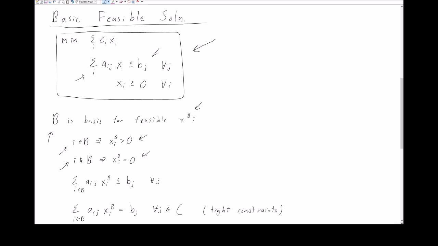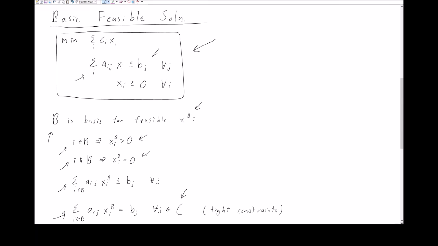Since we're assuming our basic solution is feasible, the constraints are satisfied for our solution XB. And also, every basis corresponds to a set of tight constraints. We're going to call these tight constraints C, that is, C indexes all the constraints that are going to be tight for this particular basis. There's a one-to-one mapping between bases and tight constraints.